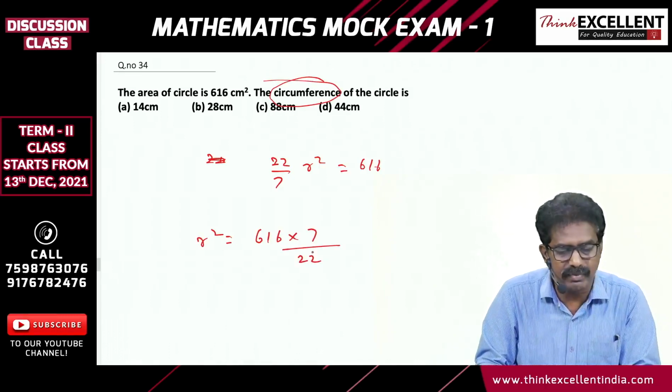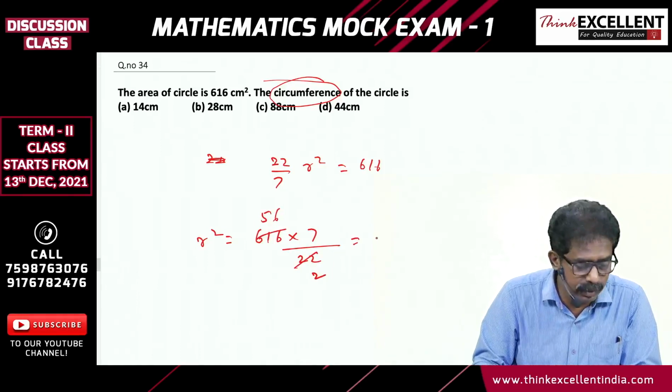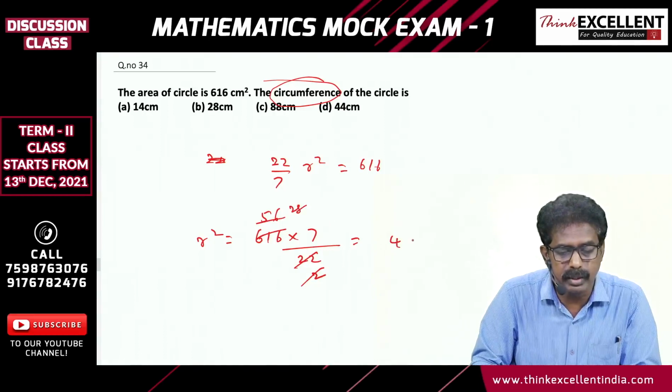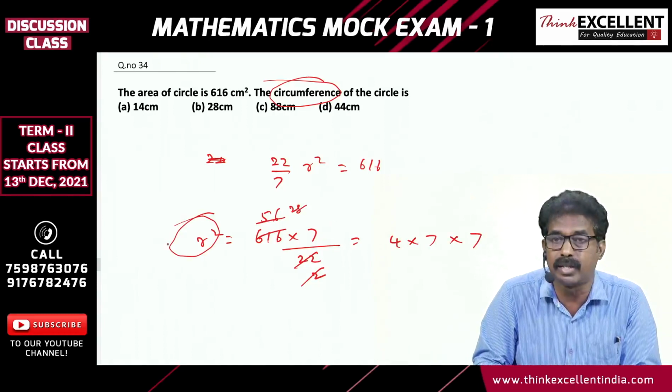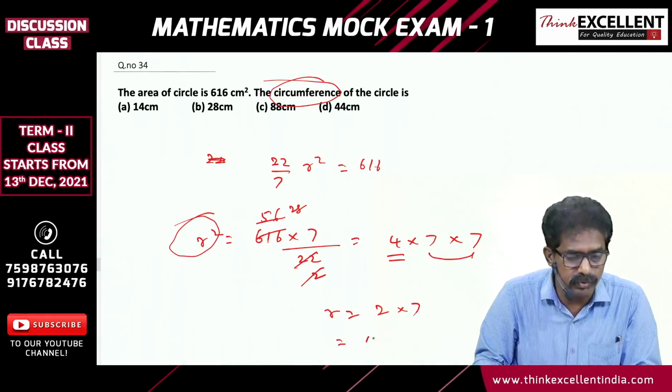Do the calculation very carefully. 11 table you cancel: 11 fives are 55, 11 sixes are 66. So 56, now again 2 table you cancel, 28. 28 can be written as 4 into 7. Another 7 is there. This is the r square value, right? R is 4 square root is 2, 2 times 7, you write 14. So r is equal to 14.